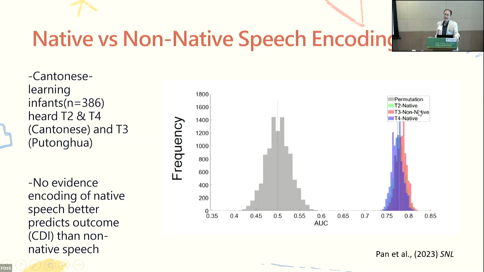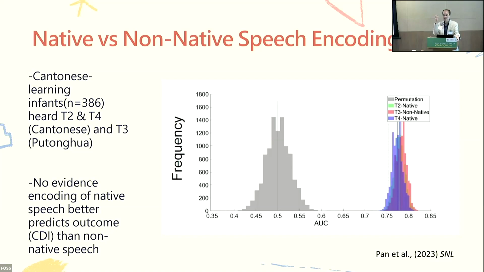Okay, now these are the predictive results. The 3 categories were on top of each other. We did not find evidence that native is better than non-native. This is telling us that probably at the subcortical level, the nervous system doesn't really care what it is encoding. What we need to measure is purely the brain's response, like a really raw kind of response to the incoming speech signal.